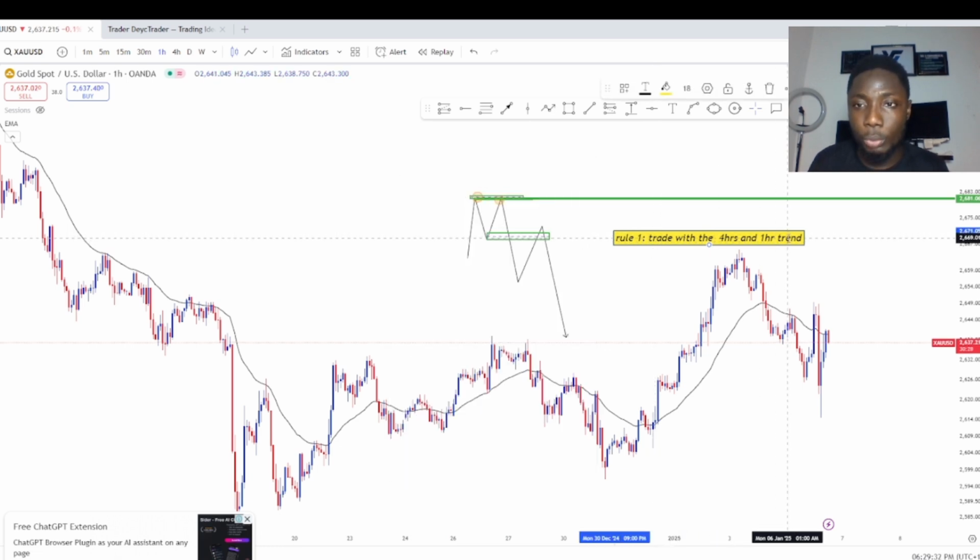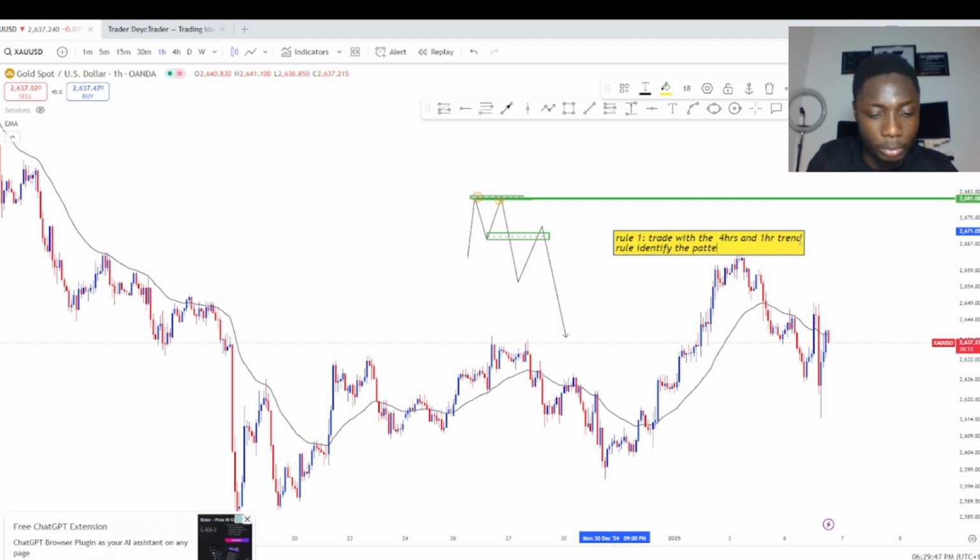Then rule two will be: identify the pattern on 1 hour time frame.